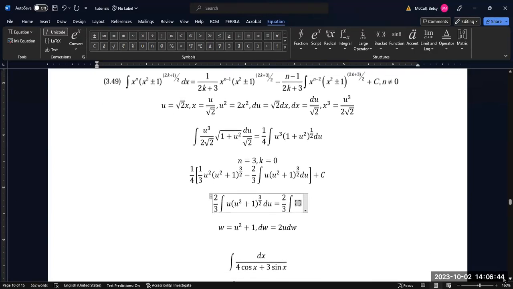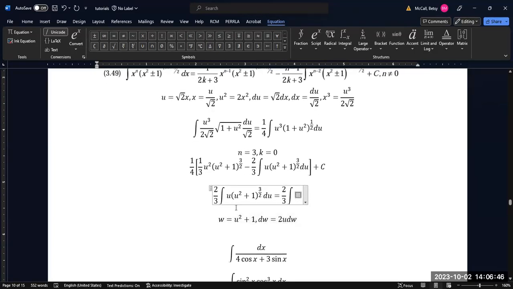So what we have here is w to the 3/2 and then an extra 1/2 basically for the dw.